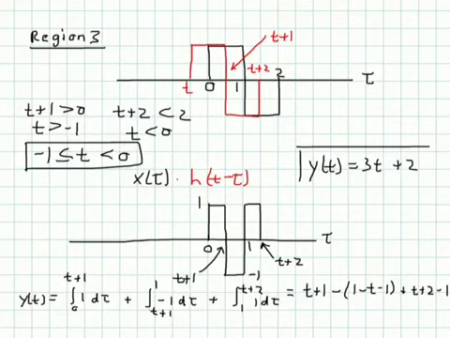So the result in this is 3t plus 2. Okay, so that's for region 3.